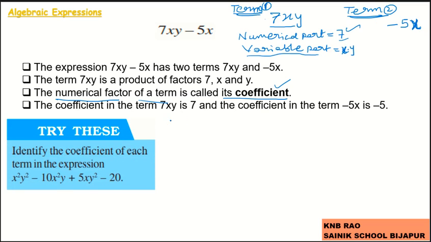Now, let us do some work. Try this. Identify the coefficient of each term in the expression. In this expression, I have x square y square, term 1; minus 10 x square y, where minus is its nature, that is term 2; 5 xy square, where the nature is positive, so I'm writing nothing there; and I have minus 20. So I have got 4 terms.